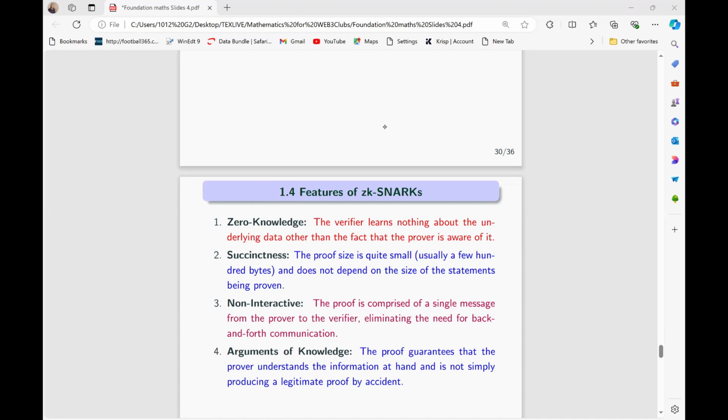So that's what I've said. The verifier learns nothing about the underlying data other than the fact that the prover is aware of that information. Let me talk about a password or a PIN.